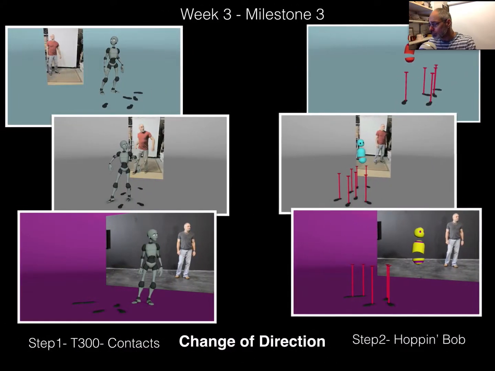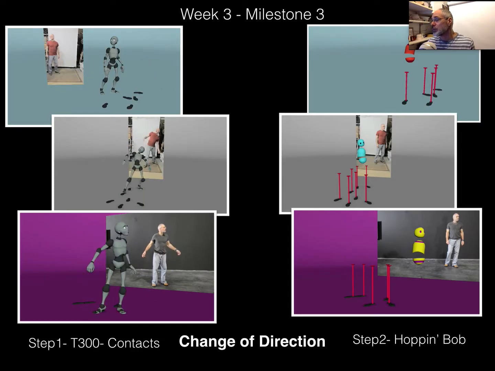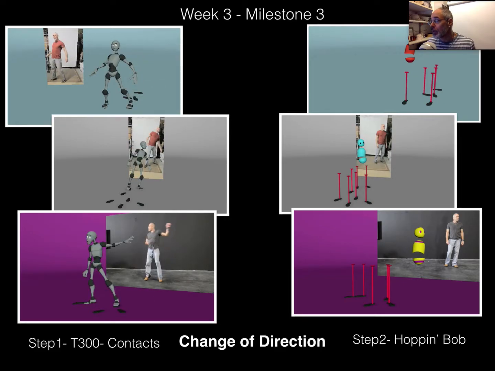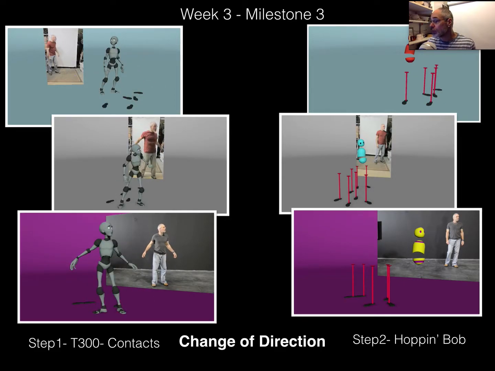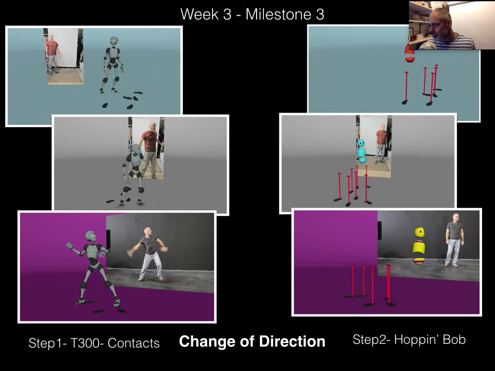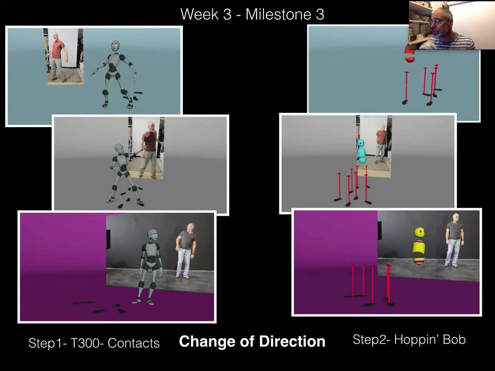Moving on, we're going to move on to the change of direction project, okay? So you guys will have reference to choose from, anything from some more simpler stuff to a little bit more complicated. And the idea is getting a little bit more complicated with how we translate through the world, okay? With not just a straight path. So you're going to be blocking out your contacts using your reference as a guide.